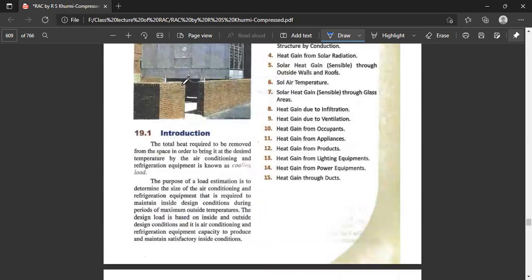Let us start with the introduction. The total heat required to be removed from the space in order to bring it to the desired temperature by the air conditioning system is defined as the cooling load. So the amount of heat we are supposed to remove from a particular space to reach a desired temperature is known as the cooling load.